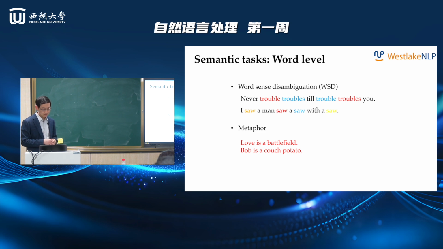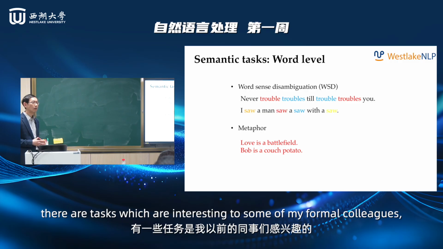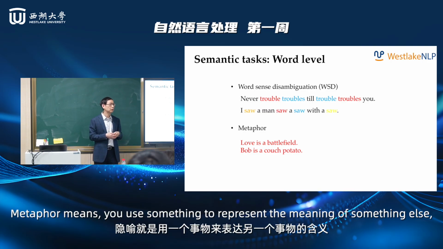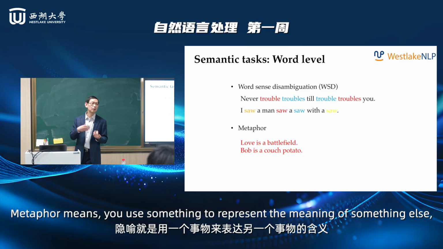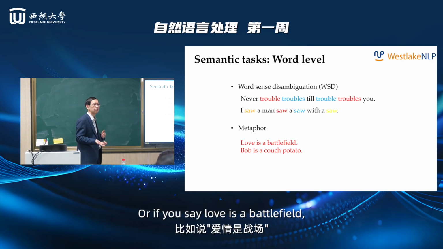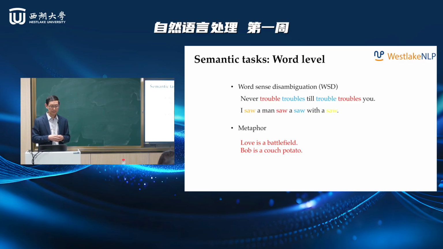Talking about word sense, there are tasks which are interesting to some of my former colleagues, such as metaphor. Metaphor means you use something to represent the meaning of something else. If you say "love is a battlefield," you're using something to denote the meaning of some other word.